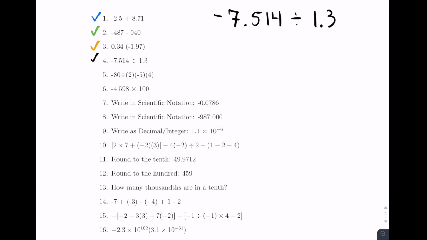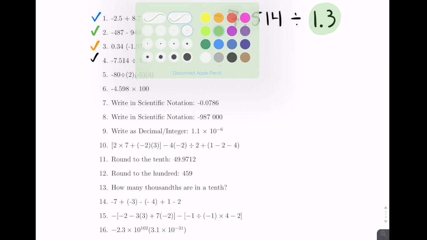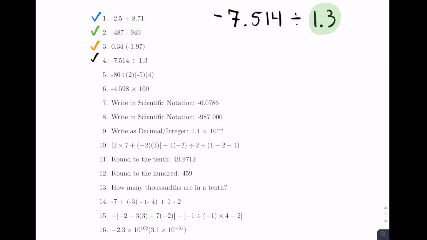I am dividing by a decimal, and I don't like to divide by decimals, so I will get rid of the decimal by multiplying by 10 once, but I also have to multiply the other number by 10 so as not to change anything, which means you shift the decimal the same amount. The decimal here switches 1 spot, and here it switches 1 spot.